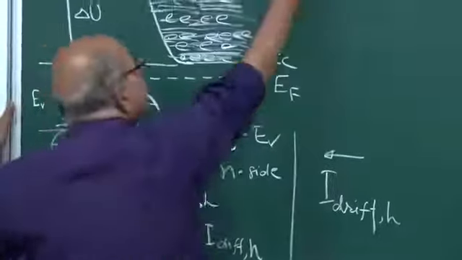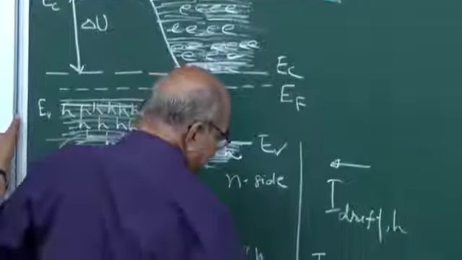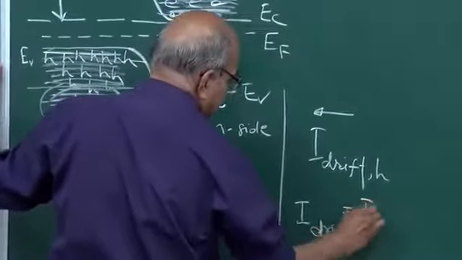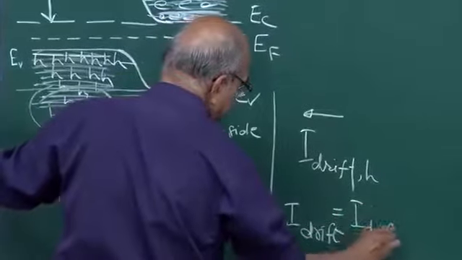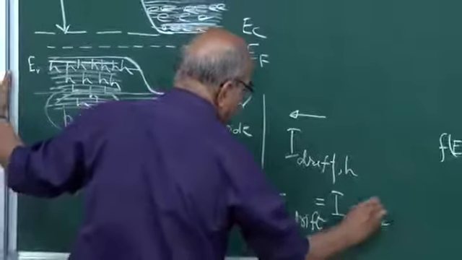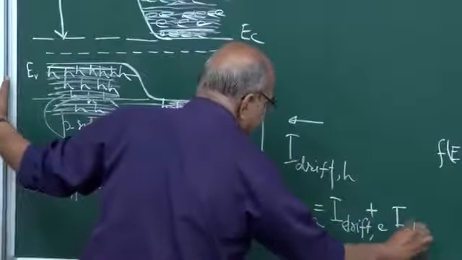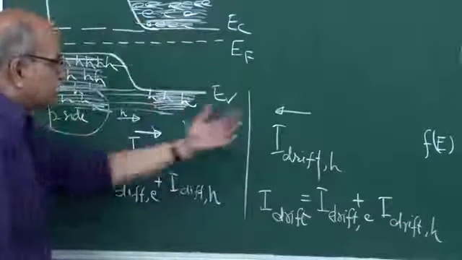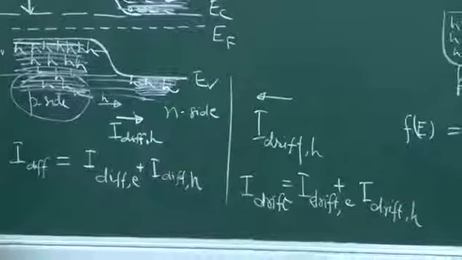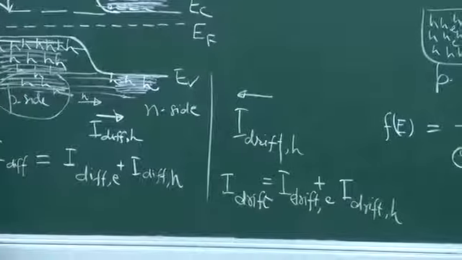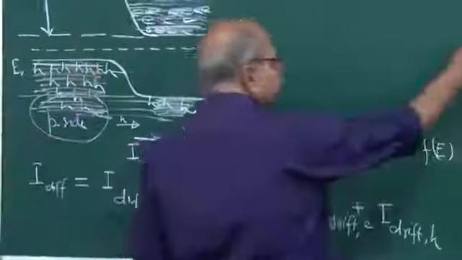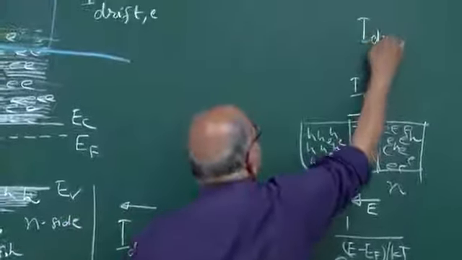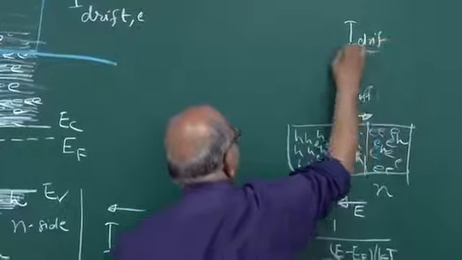You add these two and you have drift current, I drift, which is I drift because of electrons plus I drift because of holes, and that is in the direction of n side to p side. Diffusion was in the direction p side to n side, and drift is in the opposite direction.